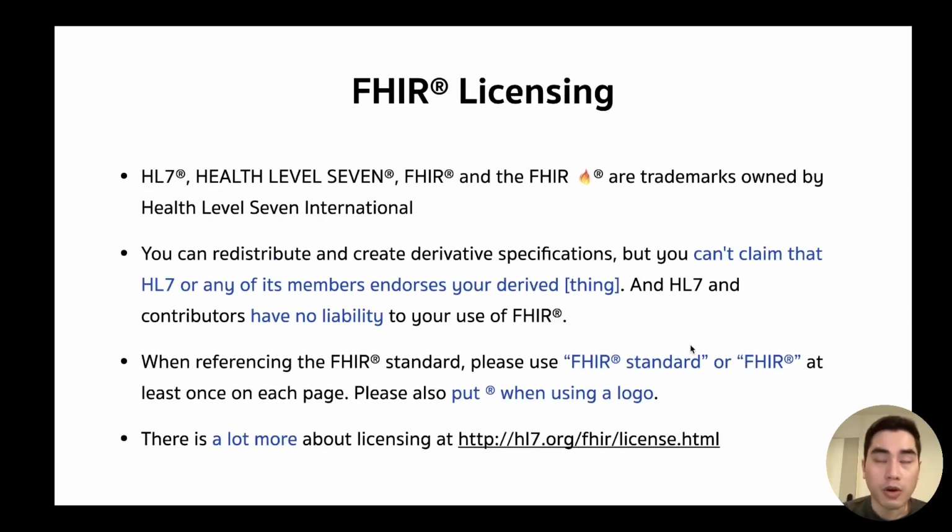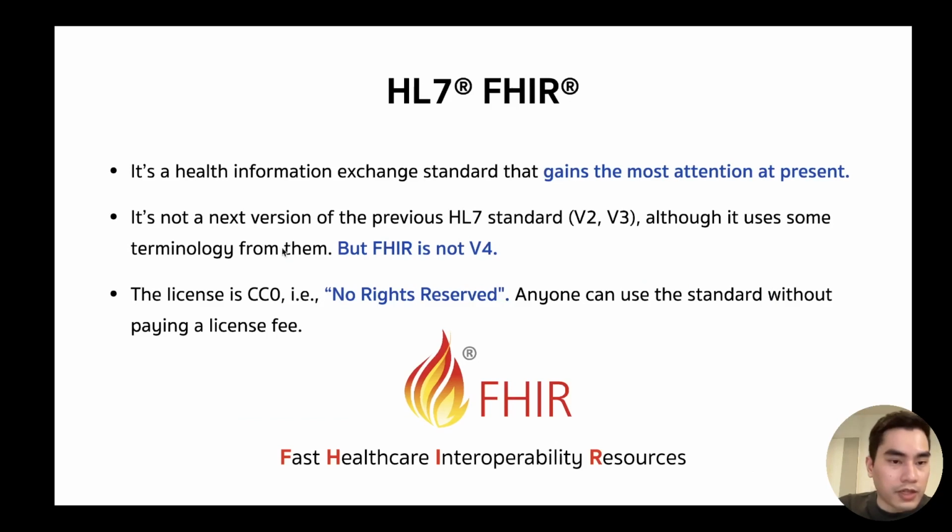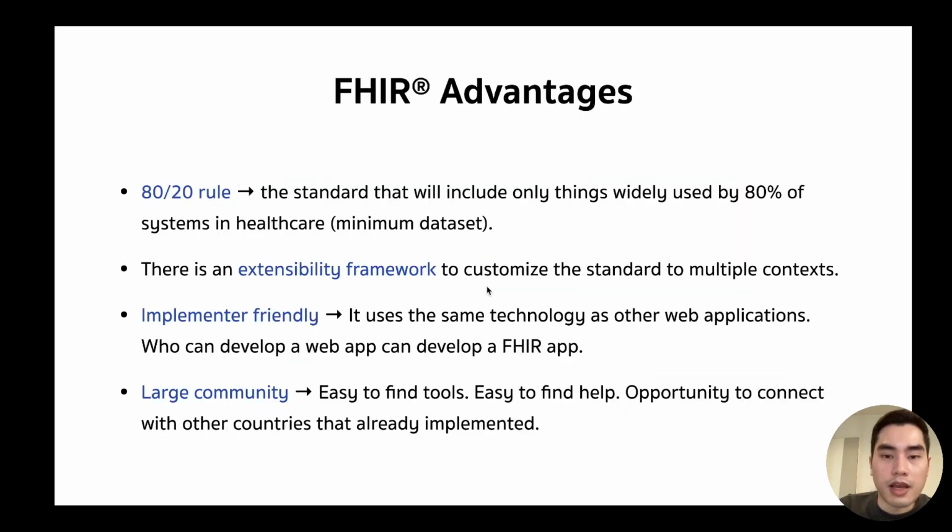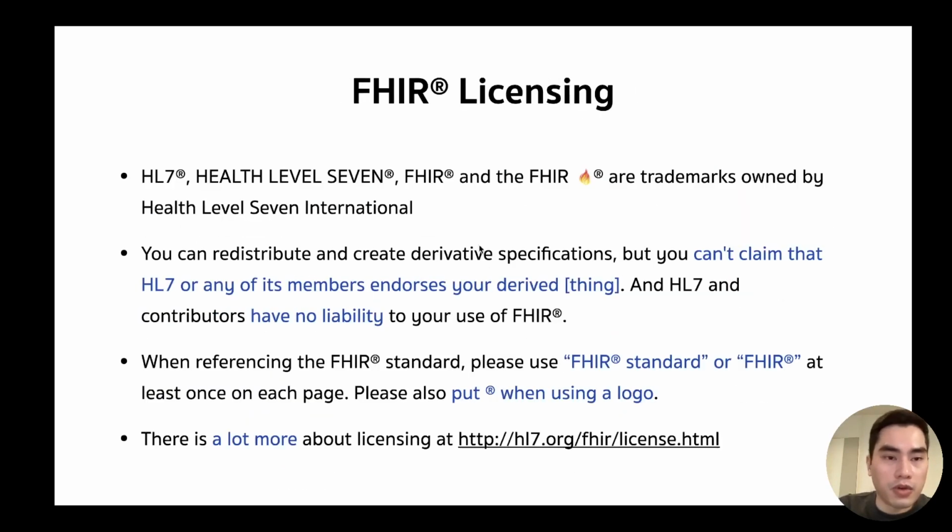And I want to talk a little bit about FHIR licensing. Even though I said before that the FHIR specification is CC0, no rights reserved, there are some things that you have to know. This one and this one are trademarks owned by HL7 International. You can redistribute and create derivative specifications.